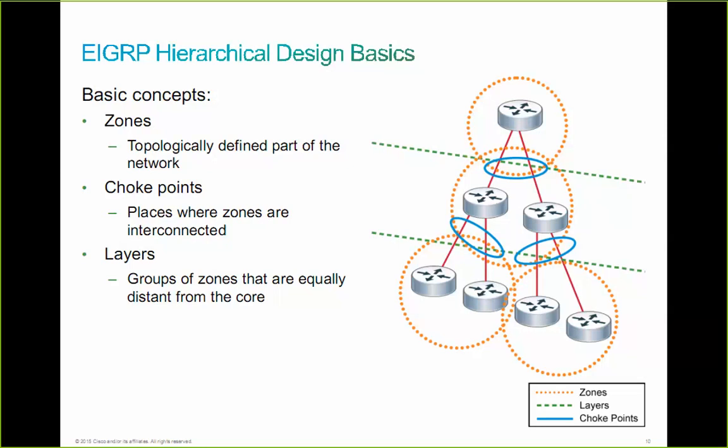Reachability and topology information is exchanged at these choke points and so on. So anytime you see a circle here, here, and here, those circles represent my summarization links, right? So I'm going to be summarizing maybe in both directions, up or down here, up or down here, up or down here. All right? What's the key here, though?